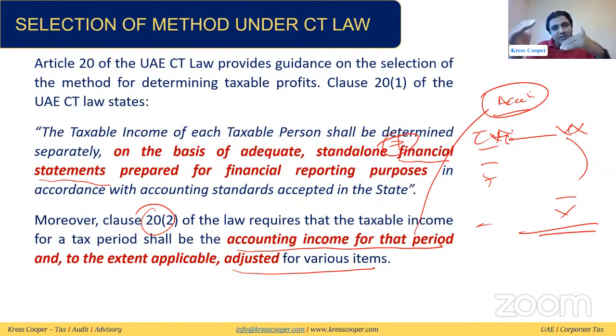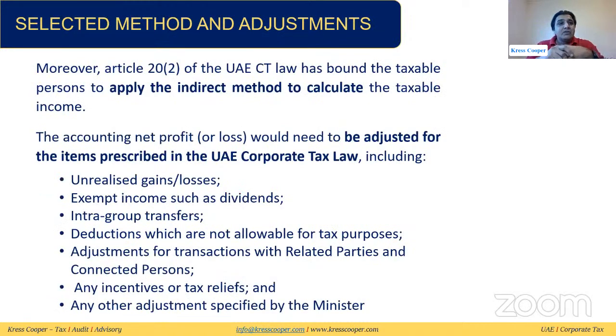Then we will arrive at the taxable income. So Article 20 of the UAE law has bound the taxable person to apply the indirect method to calculate taxable income. From the wording of the law, this is very clear. Whenever they ask to prepare financial statements and adjust the accounting profit, the law is binding us to apply the indirect method.